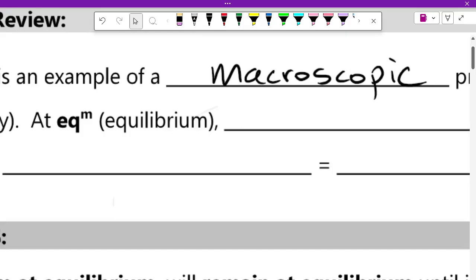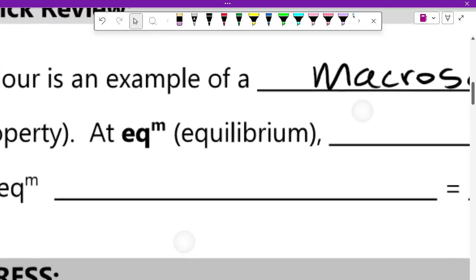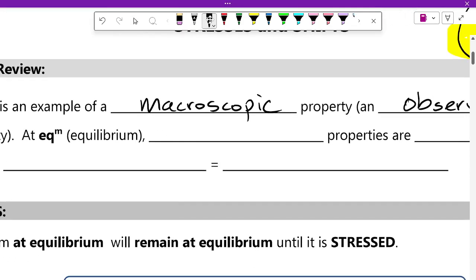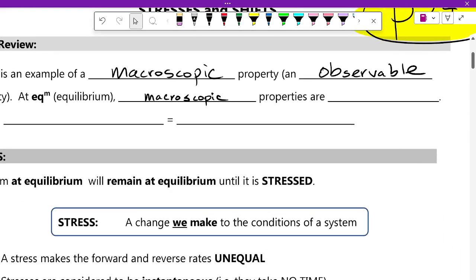At equilibrium, and remember we can abbreviate equilibrium EQM, macroscopic properties are what? At equilibrium, there's no change.